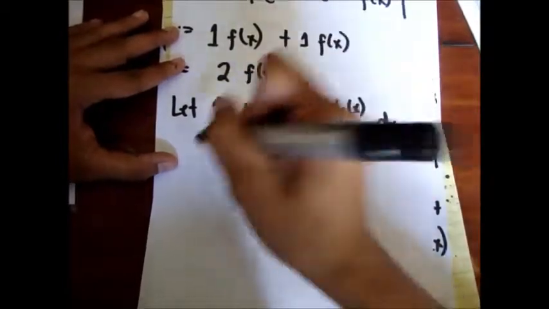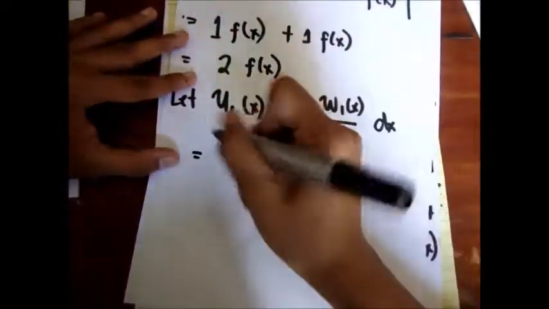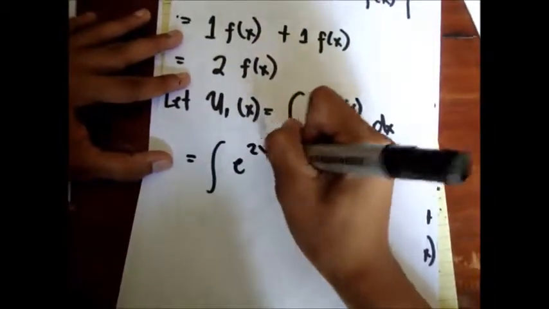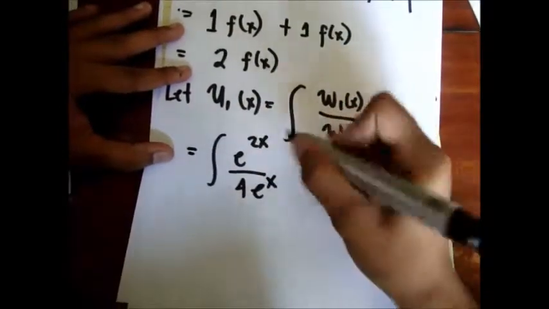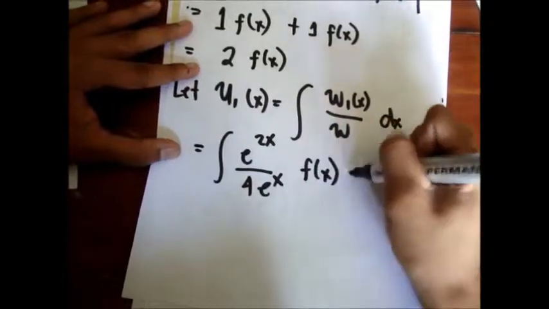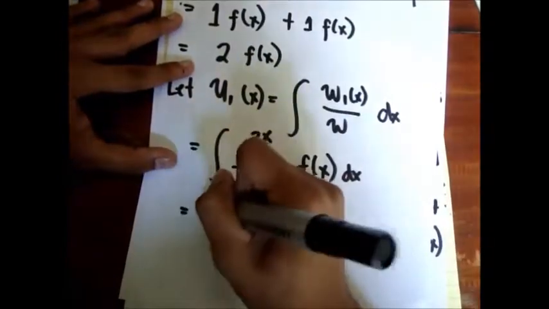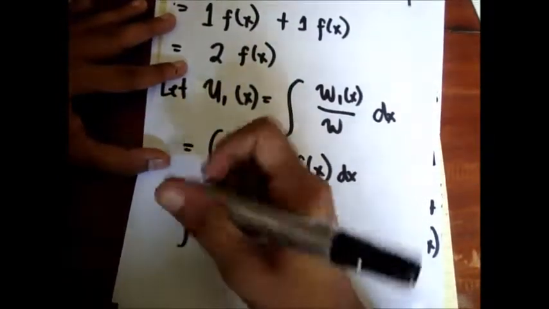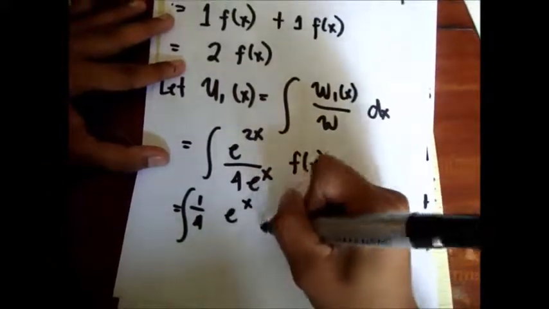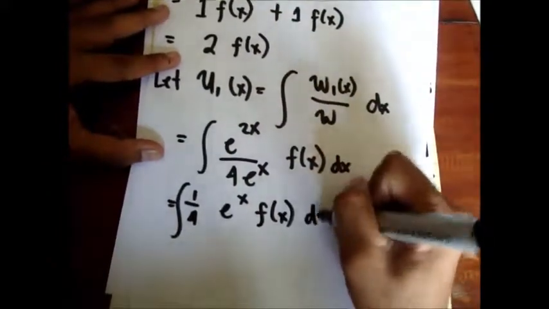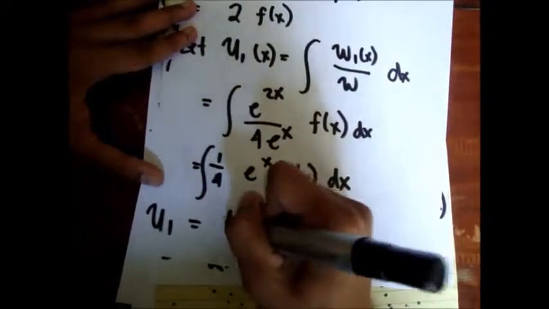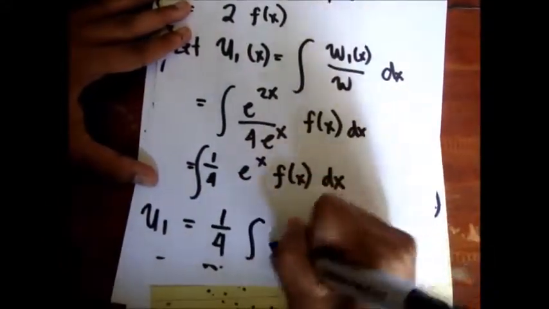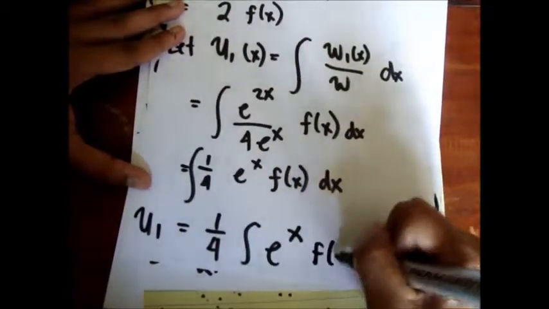So, our u1 equals the integral of e raised to 2x over 4e raised to x, f of x dx. Then we get 1/4 integral of e raised to x f of x dx. So our u1 here is 1/4 integral of e raised to x f of x dx.